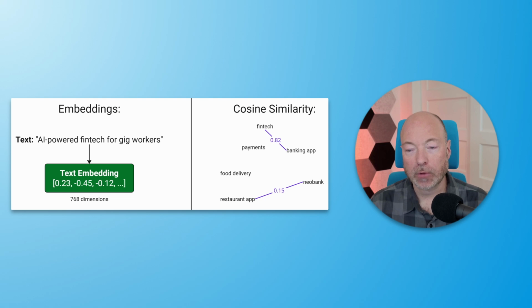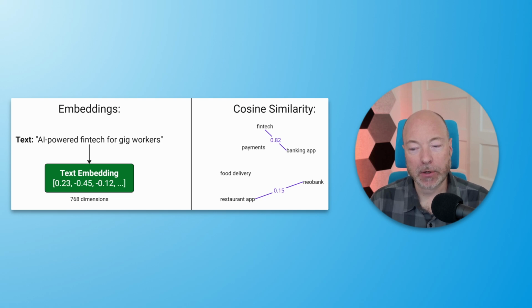So you might have some terms here, like some financial terms, fintech, payments, banking app, and probably the similarity between fintech and banking app might be fairly high. So maybe it's something like 0.82. And then we have restaurant app and neobank. Those are pretty different concepts, right?